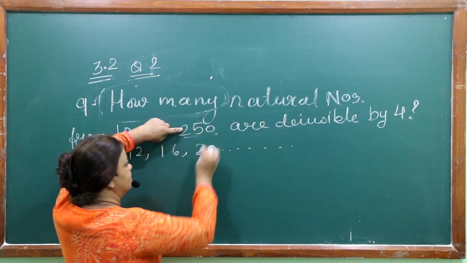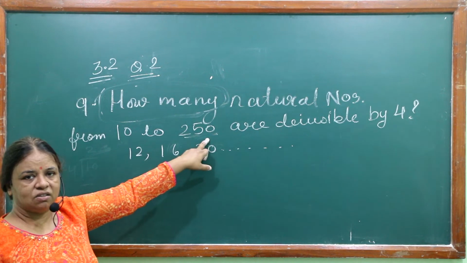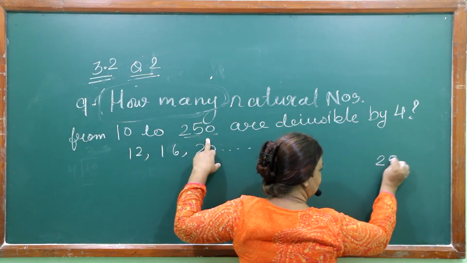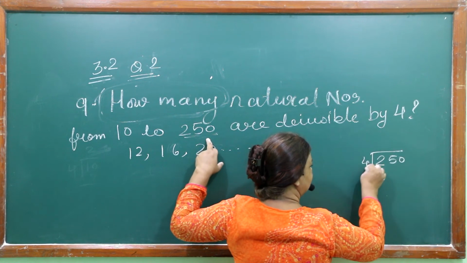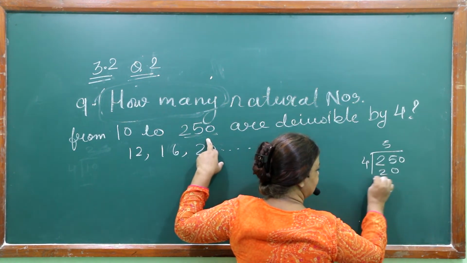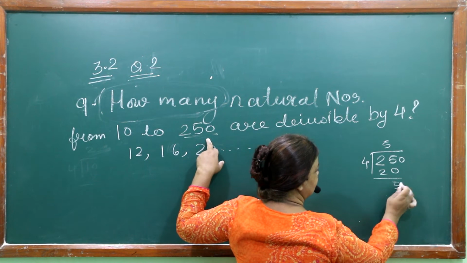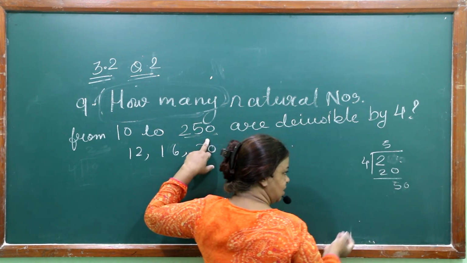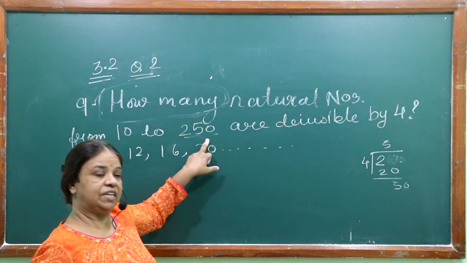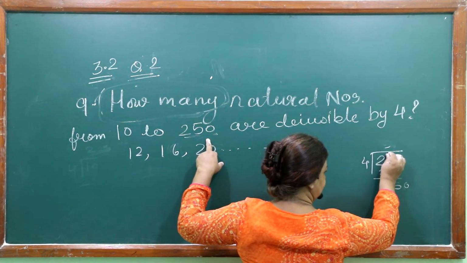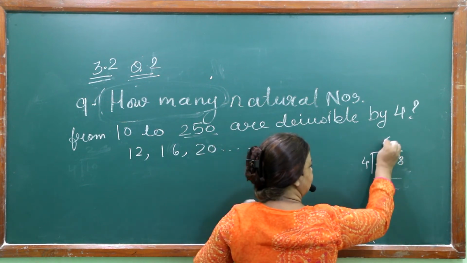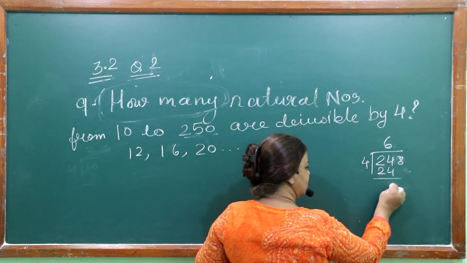Go for the last term. 250 is not divisible by 4. If you want, I can do it here. 250. 4 5s are 20. 5. Then again not divisible. Then 249 not. 248, let us see. 4 6s are 24. 0.